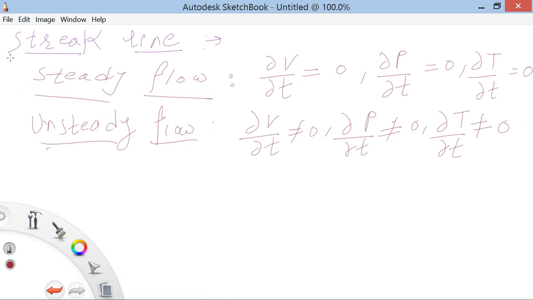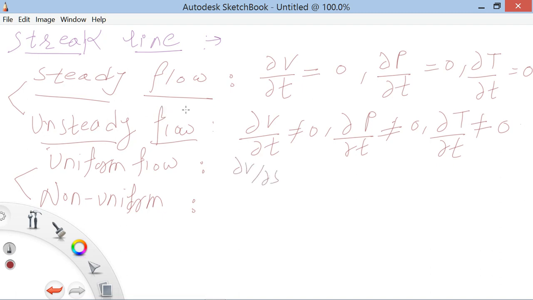Now these are the two types. The next two types are uniform flow and non-uniform flow. Now what is meant by uniform and non-uniform? Same characteristics, which do not change with the displacement, then it will be uniform flow.